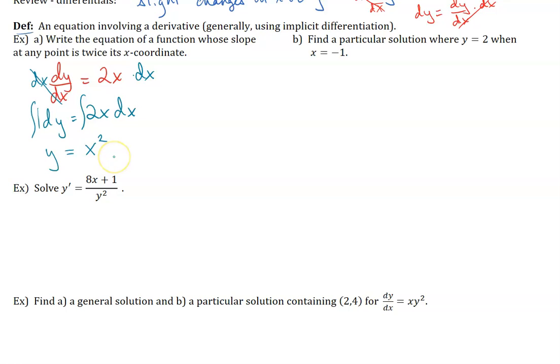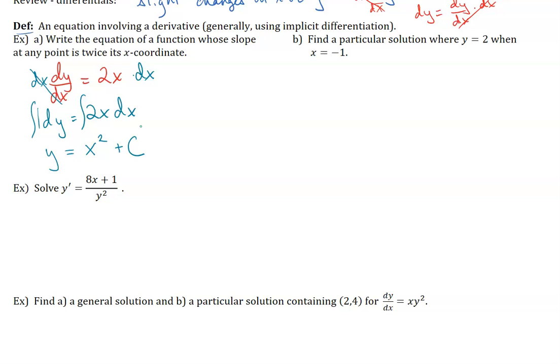Now, it's not just x squared and it's not just y, because if you remember, indefinite integrals have to have a plus c behind them. But here's the thing, we only need to add the plus c on one side. We don't need to put it on both sides, because I could call it plus c1 over here and then plus c2 over here, because they're not necessarily the same constant. We can't use just the same c for both of those.